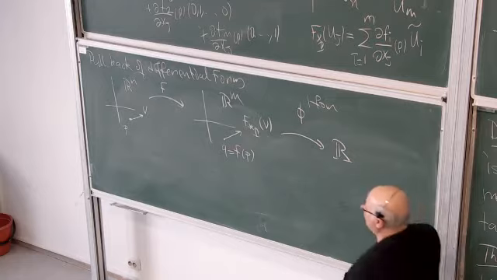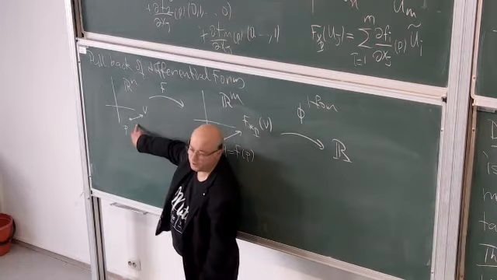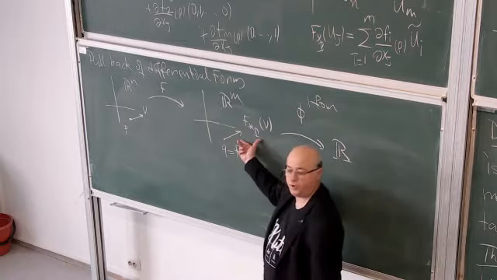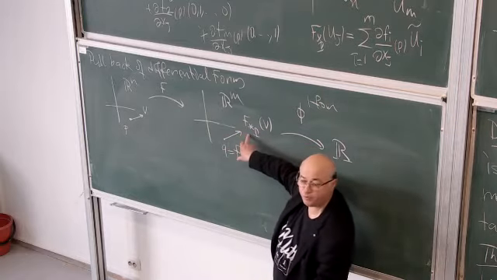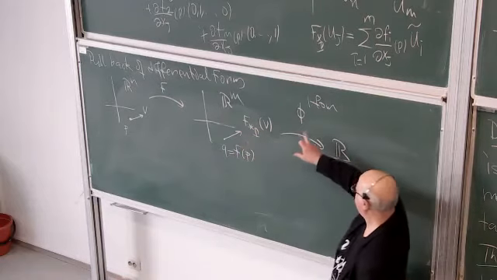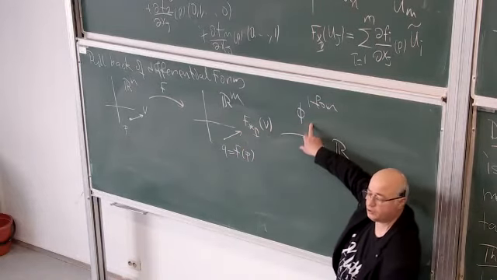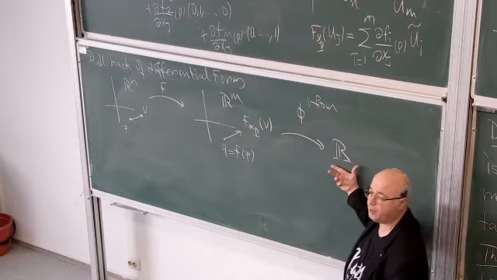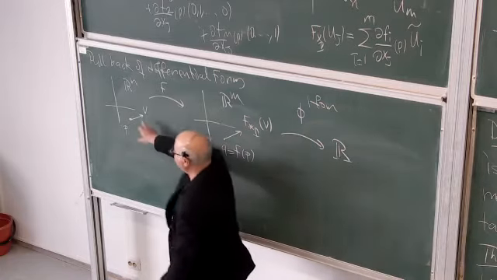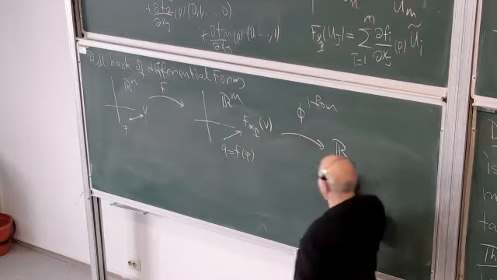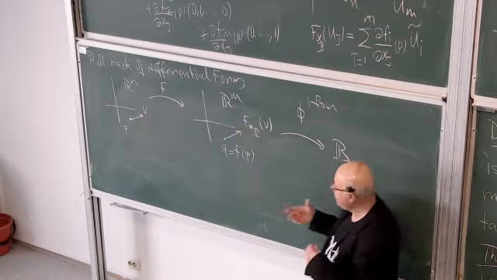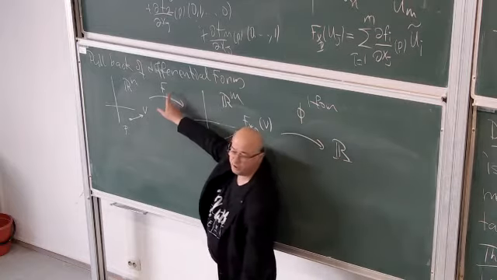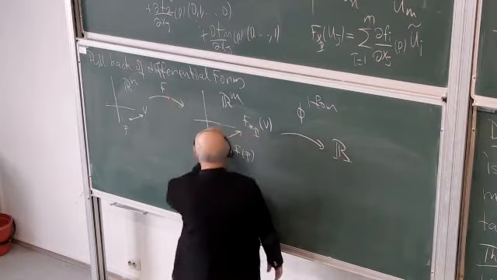Well, I can do the following. I may start with this. First, send it over here via the derivative map of f, and then feed it into this one form and obtain a real number. So I start with the tangent vector and end up with a real number. And this map is linear at each point because the derivative map of f is linear.